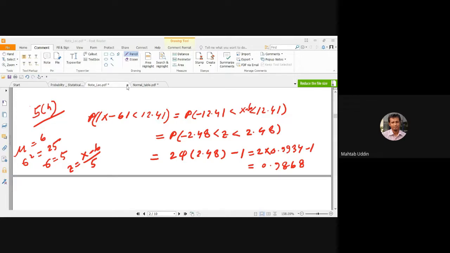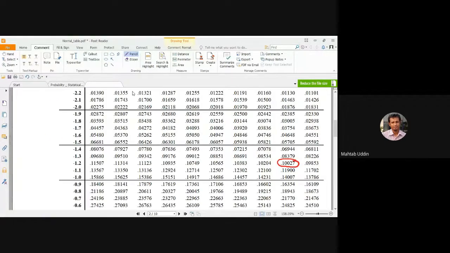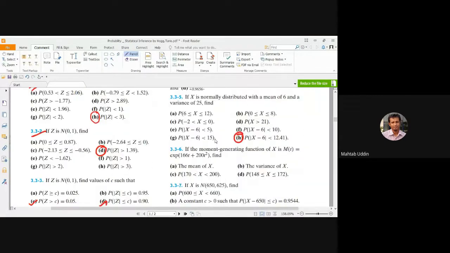So I am closing. Also, we don't need this anymore. But normal distribution is very important, because in chapters 6, 7 and 8, normal distribution is required.